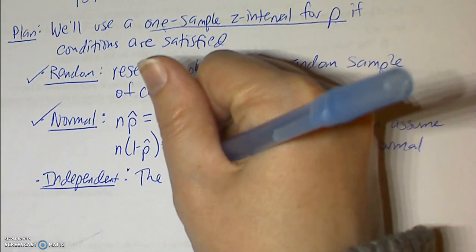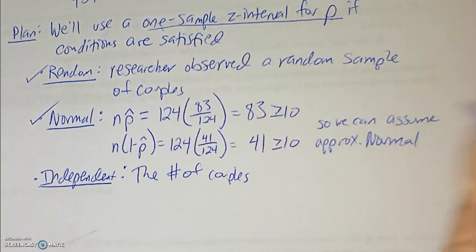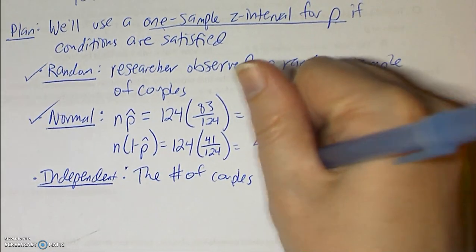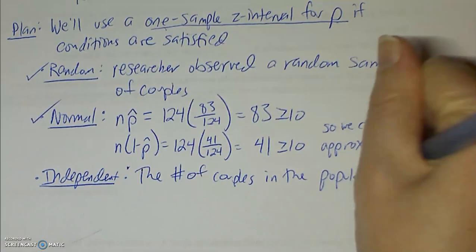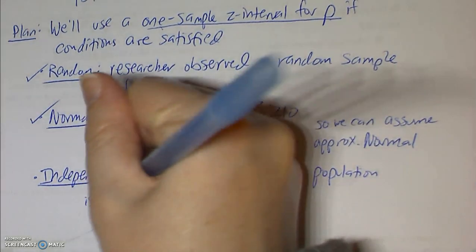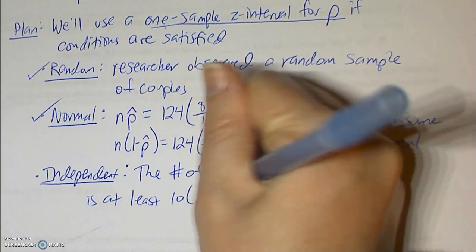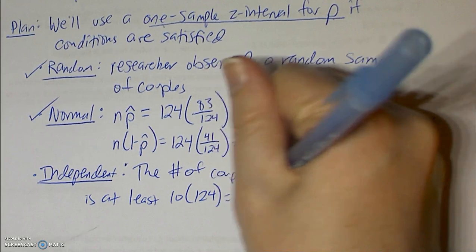So we can say the number of couples in the population is at least, and then I need to do a little bit of math. So 10 times 124, which is 1240.